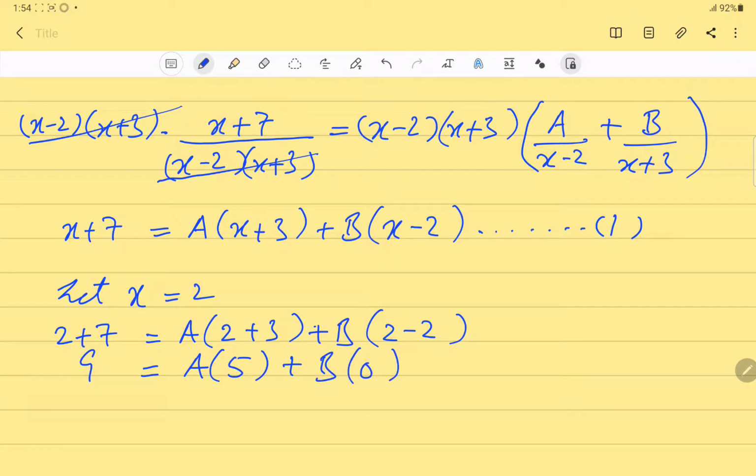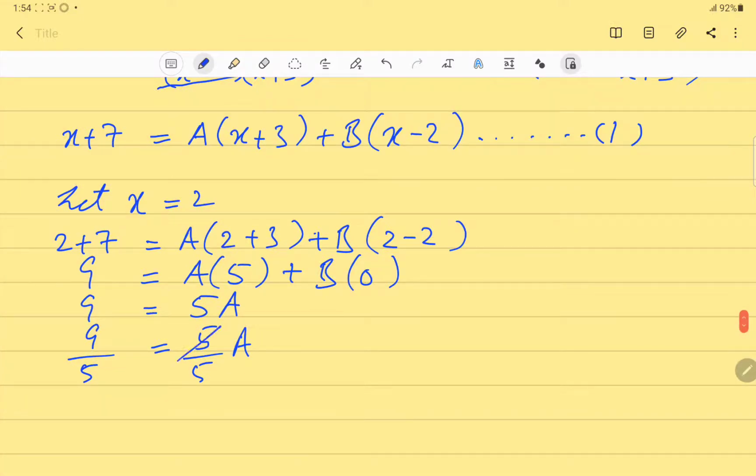So we will have 9 is equal to 5A. We will divide both sides by 5. So we will have A is equal to 9 over 5.